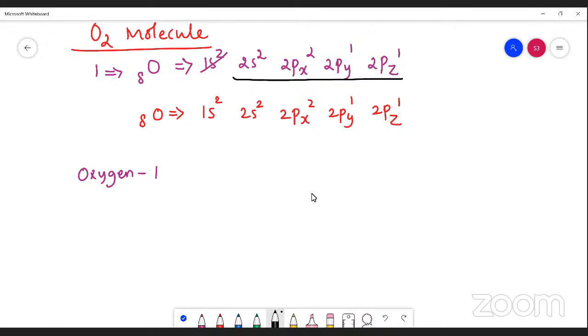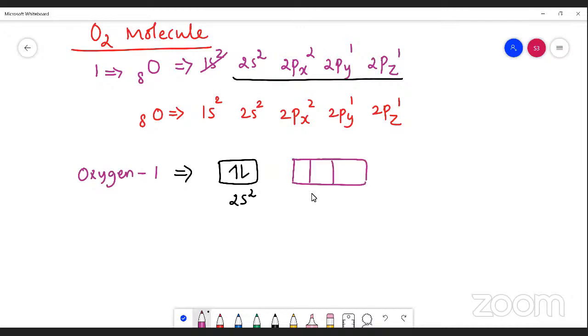Just taking an example of valence electronic configuration. So we know that 2s2, because s orbital means spherical in shape. The 2s orbital contains how many electrons? 2 electrons. And the same way, the 2p orbital. What is the shape of p orbital? We know dumbbell shape. The p orbital has how many orientations? There are 3 orientations.